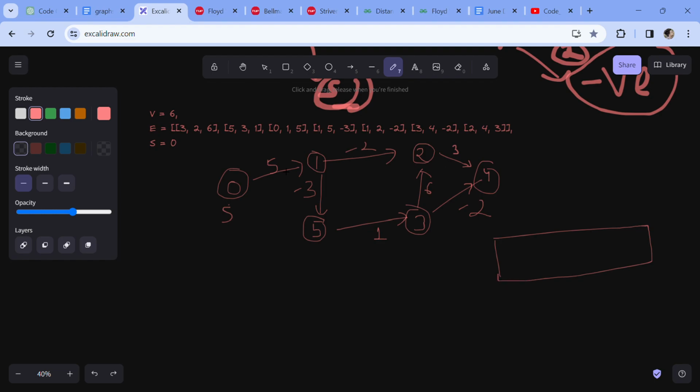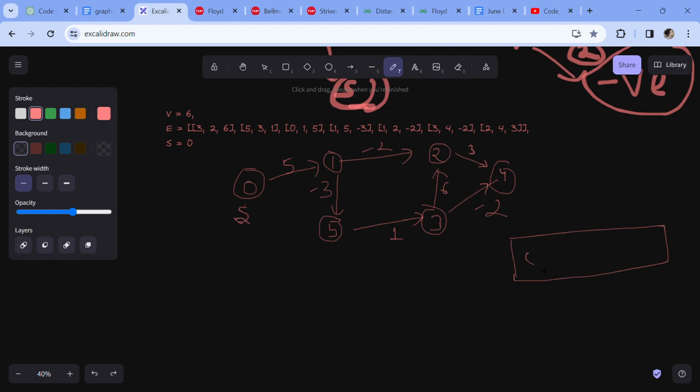From 0 to 0, from source to source, the distance will of course be 0, and from source to node 1 the distance will be 5. And from source to node 2, one path is we can go from 0 to 1 and then from 1 to 2, that will be 3.